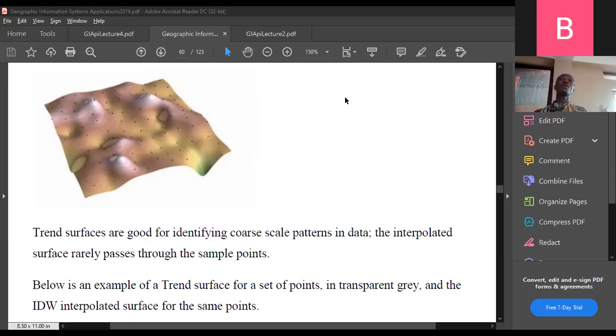In map projection, we're looking at the physical surface of the earth and how it can be represented on a map as a flat surface, because the map is always flat.